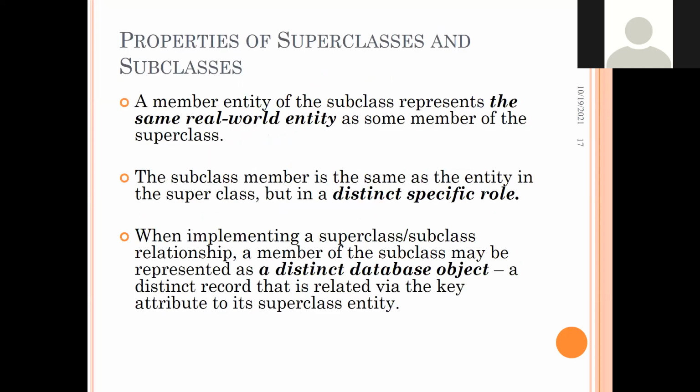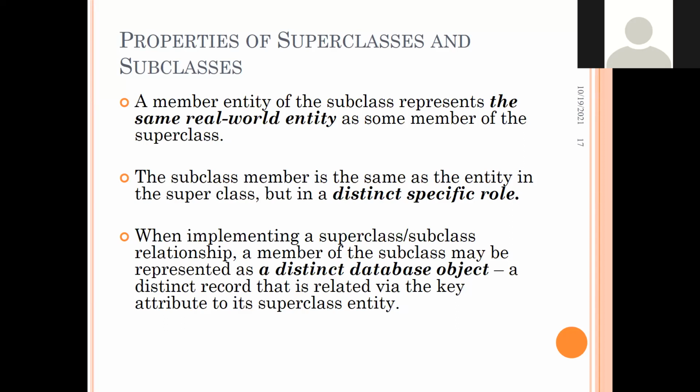So the properties of a superclass and a subclass: the member entity of the subclass represents a real world entity. In essence, when you are implementing a superclass and a subclass, you need to know that a subclass exists in the database as an entity on its own. Okay, it is a real object that is represented in the database.